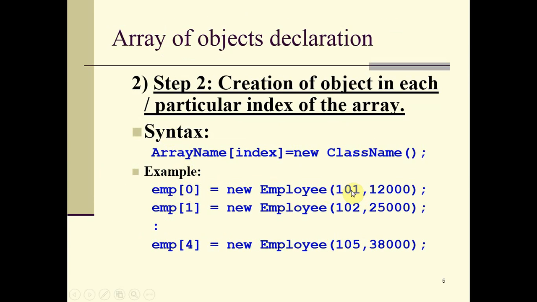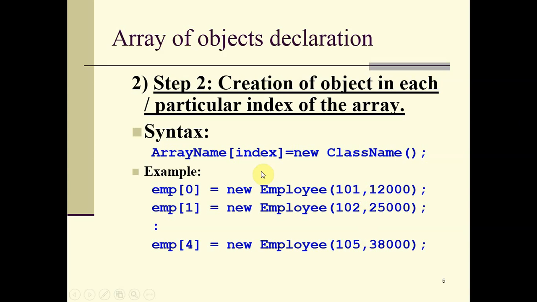So new Employee, together with the data. For element number 1, which is employee index 0, we have the object Employee with this data, 010, 12,000.